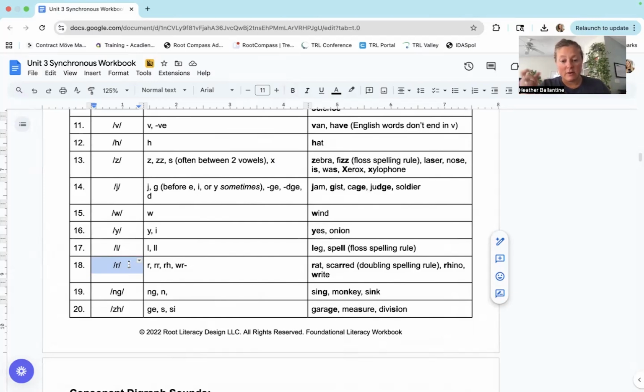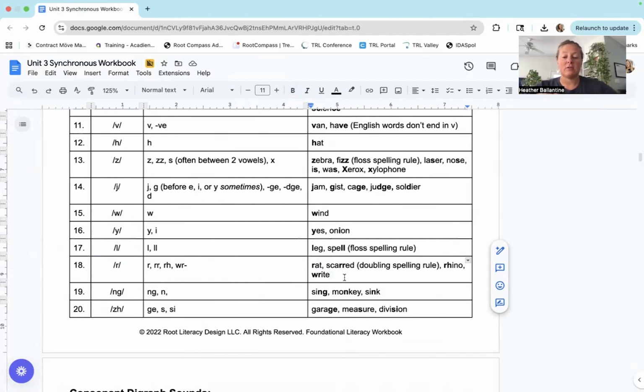It's very easy for our brains to pick up on a sound when it's the first sound in a word. So if we look at this word here, rat, we do not say "er-at." I'm not seeing an "er-at." It's rat. If we look at the word red or run, we don't say "er-ed," "er-un." It's just red, run. So it's not that sound.